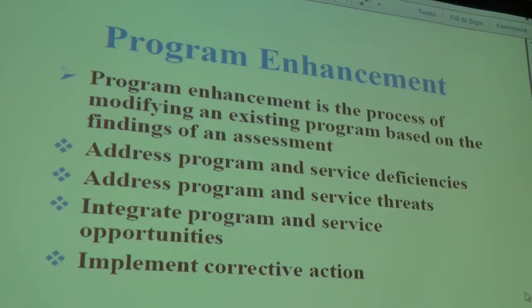So you look at ways to integrate and to streamline. Once you do all that, then you implement a corrective action. What does the organization need to do to make sure that the programs are modified, that the programs become more effective and efficient? That's the overview.